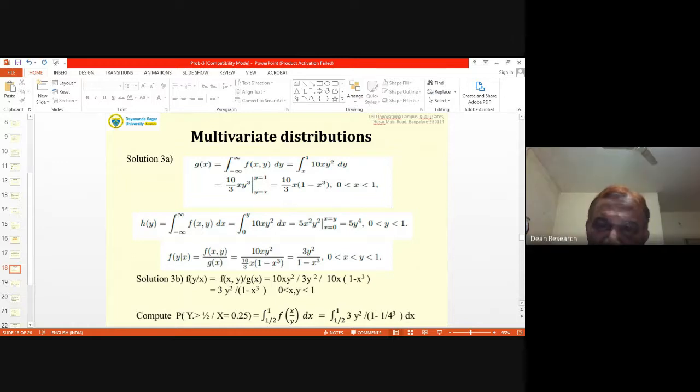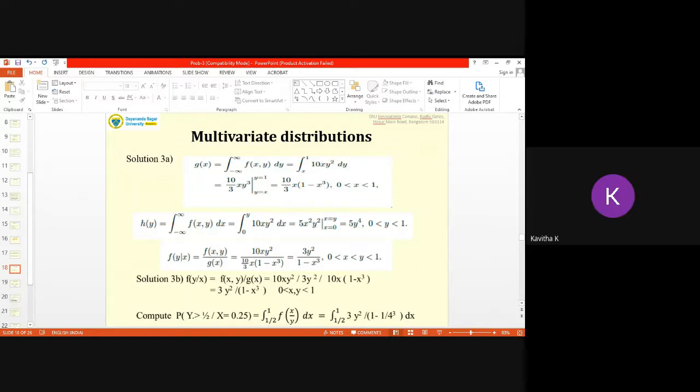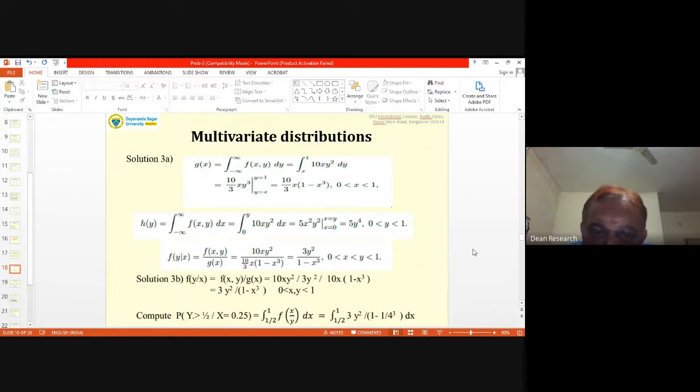No. One minute. You're telling f of x given y with respect to dx, but actually it should be f of x y with respect to dy, no, sir? No. You'll have to integrate with respect to dy; there's a mistake here also. Sorry, when I copied from my notebook, I made some mistake.